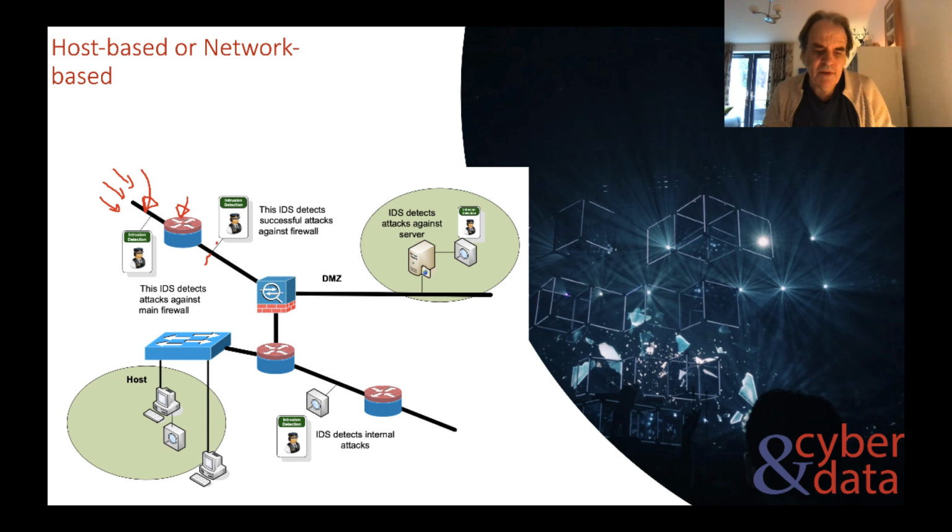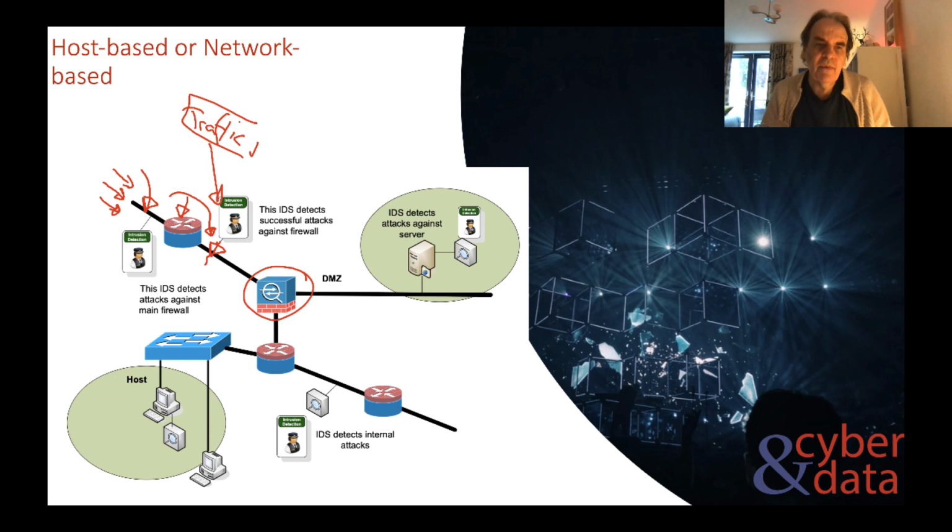So there might be a spear phishing attack or denial of service that will happen on the other side of our firewall that we can't see in the organization, but we're sitting on the other side, we can actually see it. And here we'll see the ones that get through, so we could try to detect an intrusion at this point. But the problem that we have here is that the rate, the traffic that flows at this point can actually be extremely high. So it's actually very difficult to set up an IDS here.